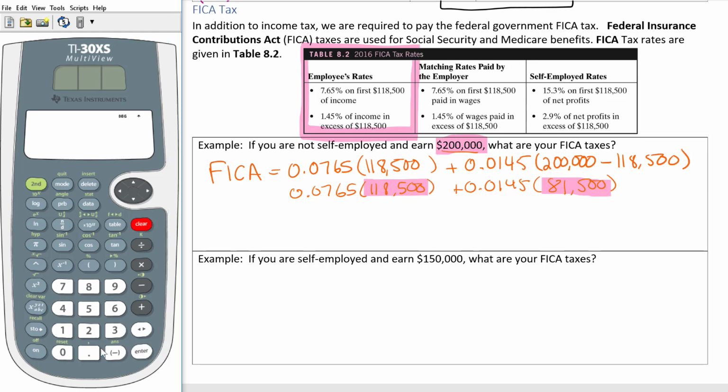So now I'm going to actually multiply it. So 0.0765 times the 118,500, and I'm just going to go ahead and multiply this whole thing out so I don't have to write it out twice. Plus 0.0145 times the 81,500.